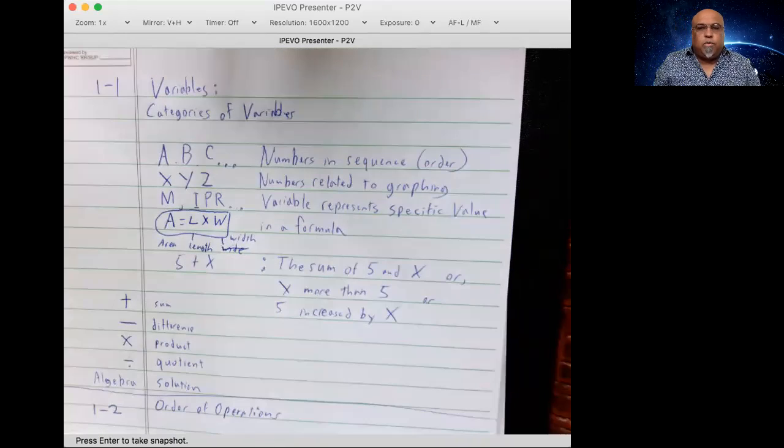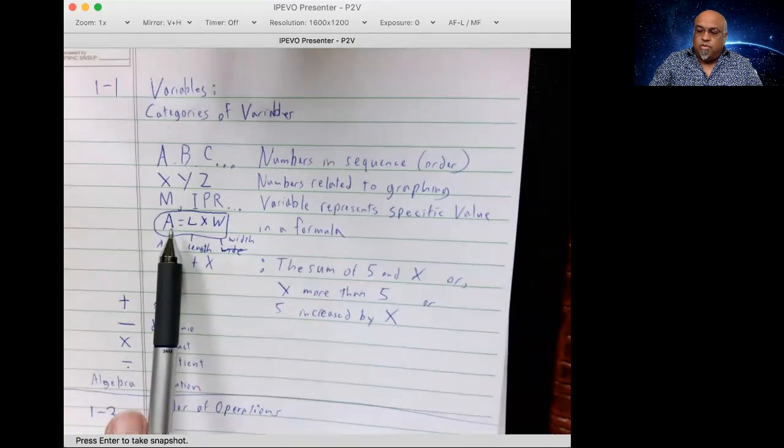Now, this particular formula, A equals LW, L times W, represents the formula for the area of a rectangle, okay? So the area of a rectangle, A equals L times W, the letters that are used actually represent actual values.